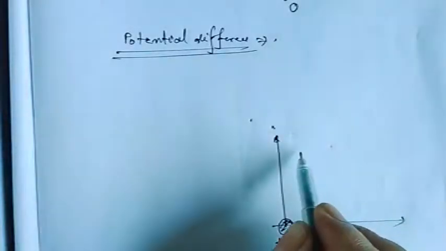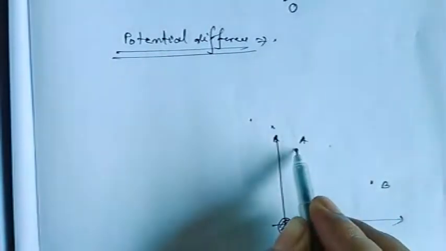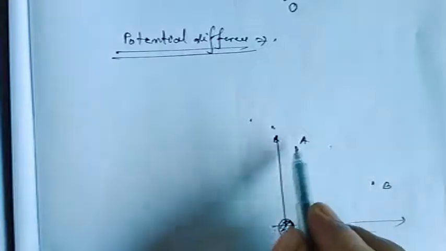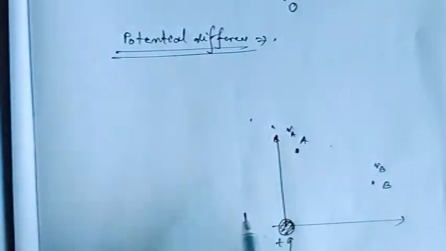So again I am saying with a diagram, let us assume this is the diagram. This is the origin, and at this origin a big plus Q charge is situated, and we consider 2 points, one is A and another point is B. Let us find the potential difference between these 2 points. Suppose the potential at this point is VA and the potential at this point is VB.